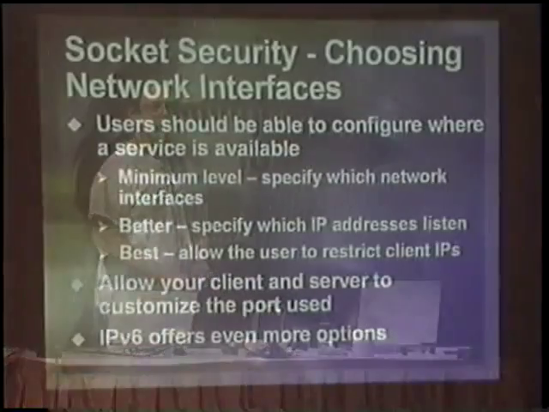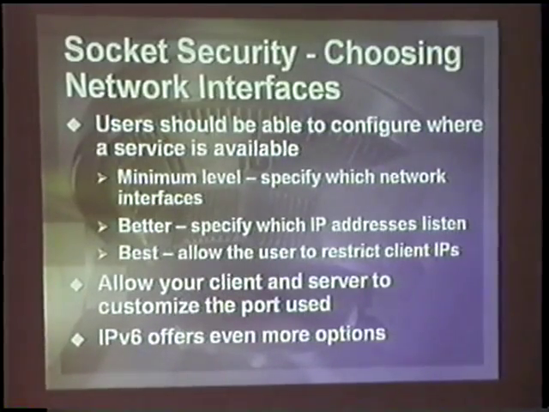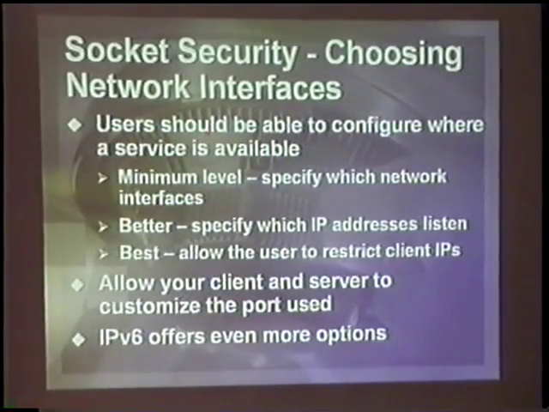Okay. Now, when you're writing a network-aware application, one of the worst things you can do is fail to give the user choices about where it's going to listen. If I'm trying to configure a system for use on the internet, then I want that front end to expose as little as possible, and then the back end exposes a richer interface so I can administer it, et cetera, et cetera.